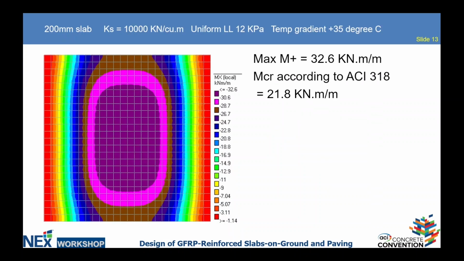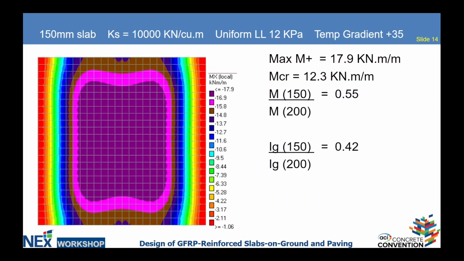And that's the equivalent moment intensity. Again, it shows that the actual positive moment in the middle exceeds the cracking moment. But when we apply the same loading, the same thermal gradient of plus 35 degrees C, to a 150 millimeter slab, the moment is much reduced.